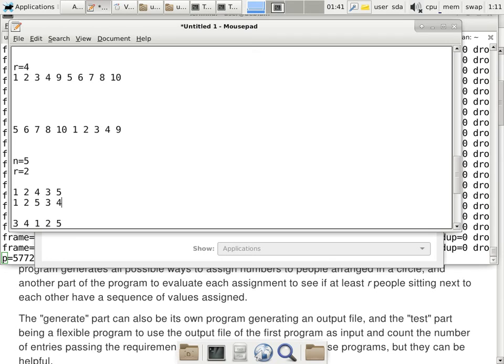Once we get to when n is 10 and r is 6, the number of items is too much, so I have to generalize and give you just a pattern. If you see the pattern, it will really help you understand that there has to be a way to do the counting without having to generate all the patterns and then count the number of patterns that meet the requirement.